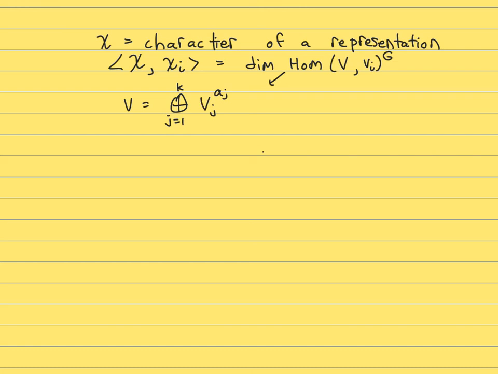But the only way you can define phi from Vj to Vi and phi is not 0 is if Vj is isomorphic to Vi.